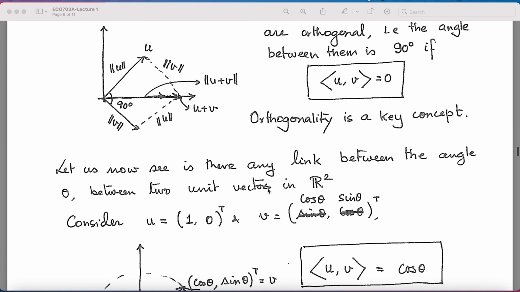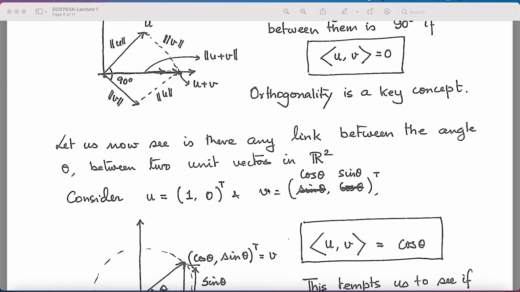So, now how do I link the angle between any two vectors, which need not be 90 degrees, and the inner product between them? Gilbert's triangle gives a very beautiful approach to it, and I do not see that being done by anybody else. So, he takes the row vector form of u.